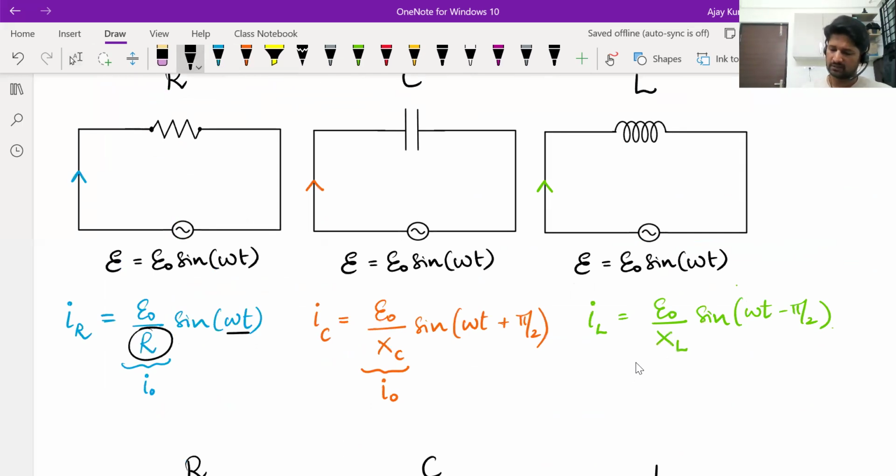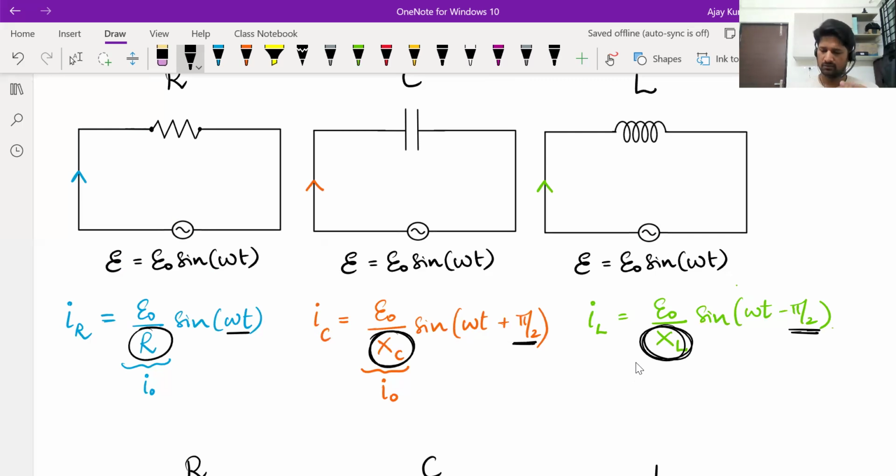If it's only a capacitor, it's E naught by XC sine with a phase of pi by 2 extra. If it's only an inductor, it's E naught by XL, with a phase of pi by 2 lesser. So in all three cases, the difference is in the denominator, that resistance or reactance. That value will vary from element to element, and the phase value will vary from element to element.